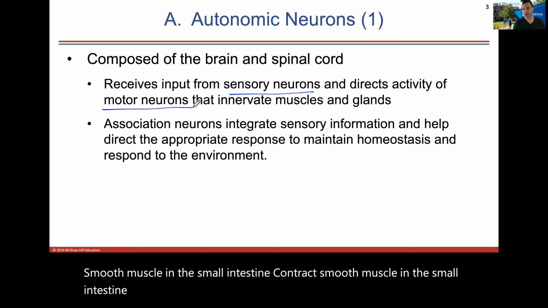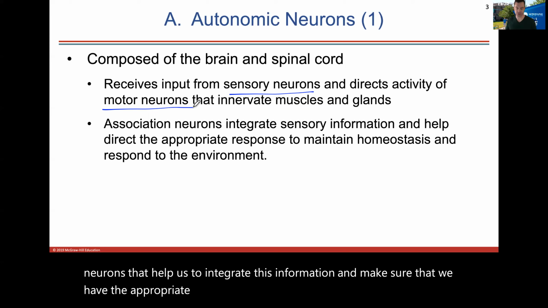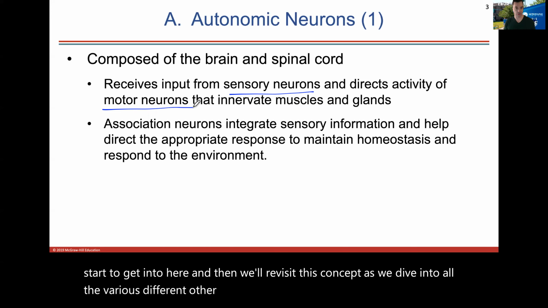Okay? And there are a number of various different association neurons that help us to integrate this information and make sure that we have the appropriate response needed. A multitude of receptors that we'll start to get into here. And then we'll revisit this concept as we dive into all of the various other systems, cardiovascular with the heart, blood vessels, respiratory, all that fun stuff.